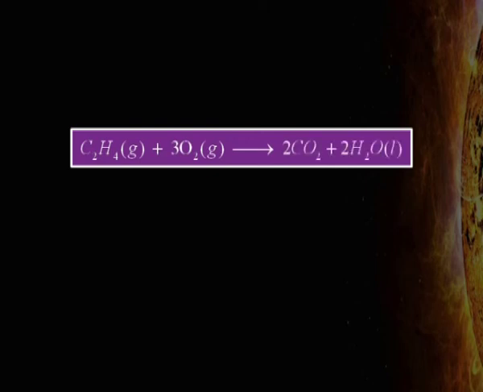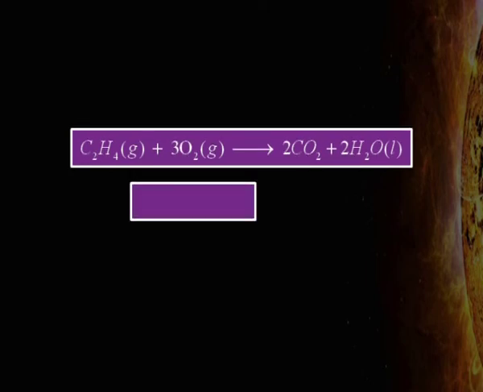Let us have a look at another example. C2H4 gaseous plus 3O2 gaseous gives you 2CO2 plus 2H2O. Here delta E is given to be minus 335.8 kilocalories.